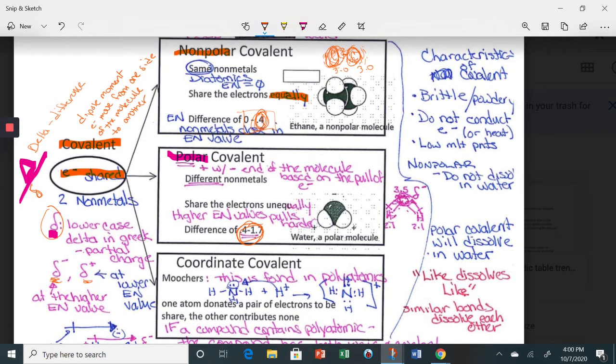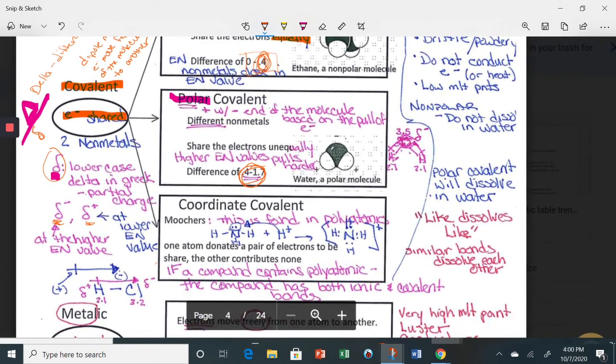When you have to label them, the one that has the lower electronegativity value will be the slightly positive end. The one that has the higher electronegativity value will be the negative end. Here's hydrochloric again. When we look at that molecule and we look at the electronegativity values, chlorine has a higher one, so the electrons are said to flow towards chlorine.